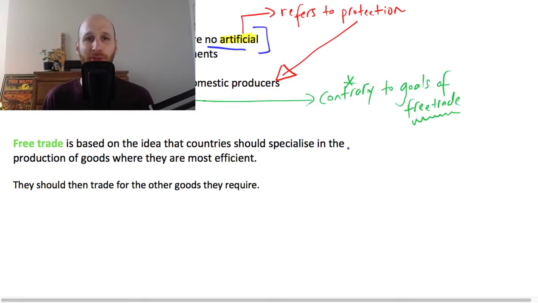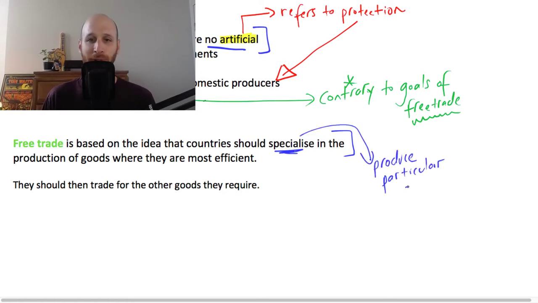Okay, if we move down here, free trade is based on the idea that countries should specialize. So let's break this down slowly. Specialize here means that countries should produce particular goods or services, especially the ones that they are best at.